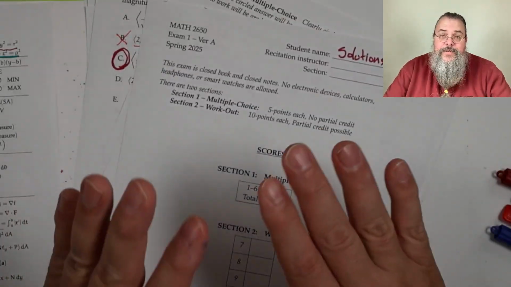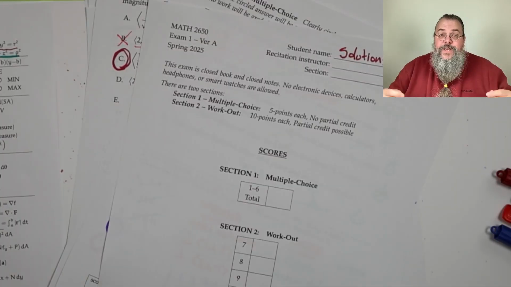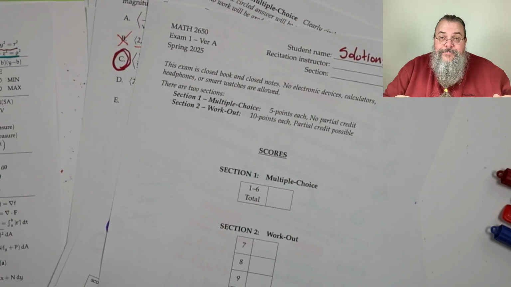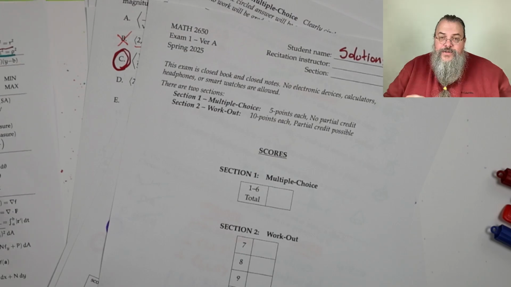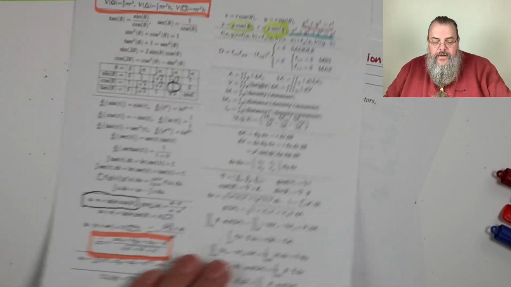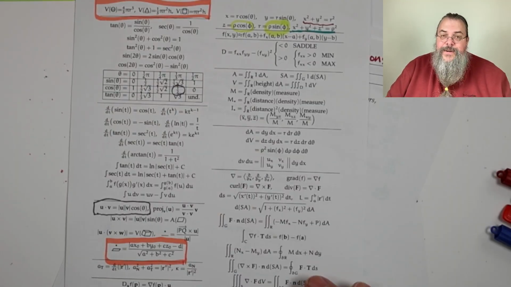All right, well, that was a fun ride. Thanks for going through and working the test with me. I hope you do well. Make sure you're practicing. You've got to do the practice, but you can do it. Use your resources. Learn about all the things that are on your formula sheet. There's some good stuff in here.